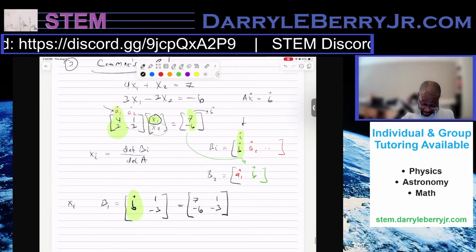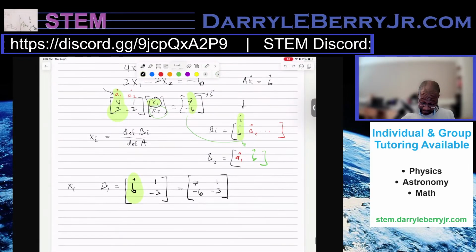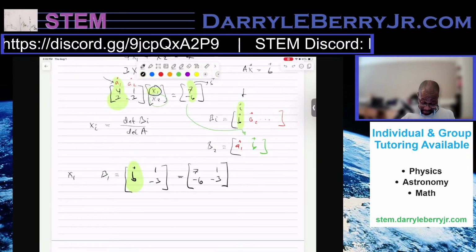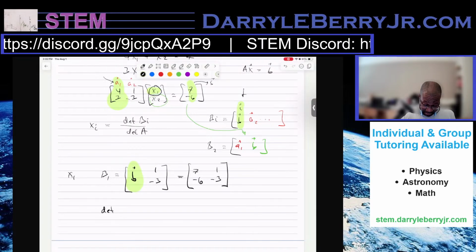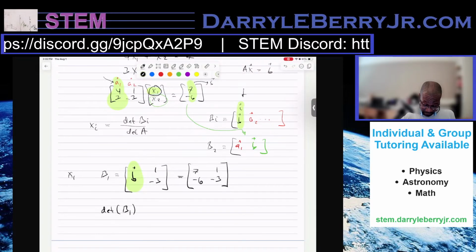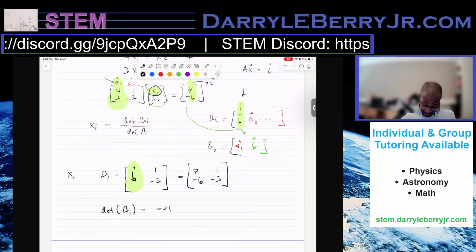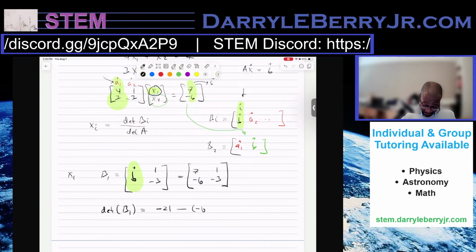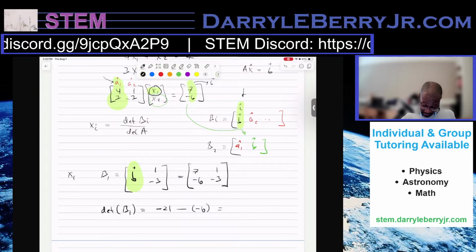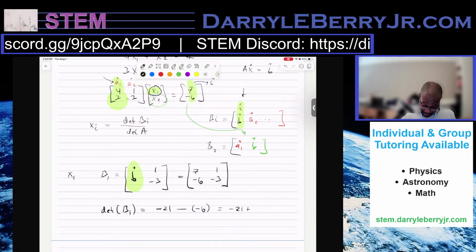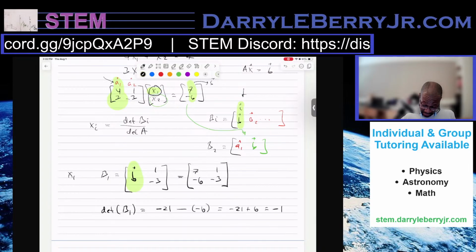Again, A2 is just the right column here. So now that's my B1 matrix. When I take the determinant of B1, that's going to give me -21 minus -6, so that equals -21 plus 6, which equals -15.